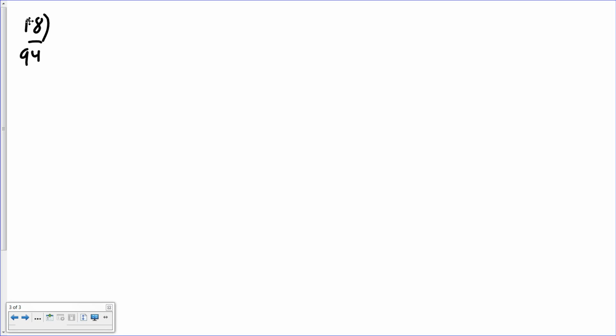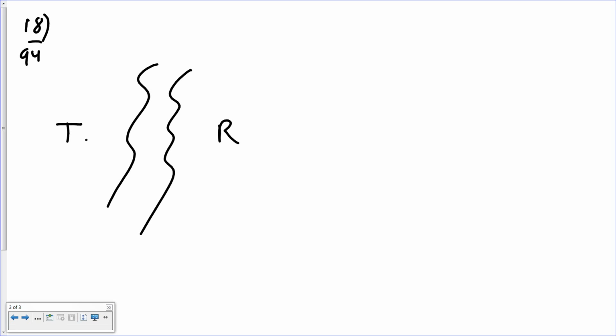A tree on one side of the river is due west of a rock on the other side of a river. So you have a river somewhere coming through, and you have a tree due west of the rock, meaning the tree is going to be located here, the rock is going to be located here, so you have a point and you have a point.